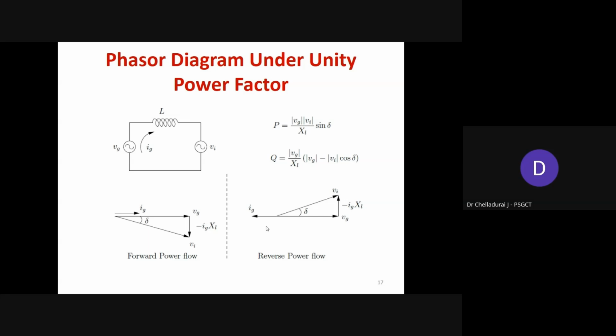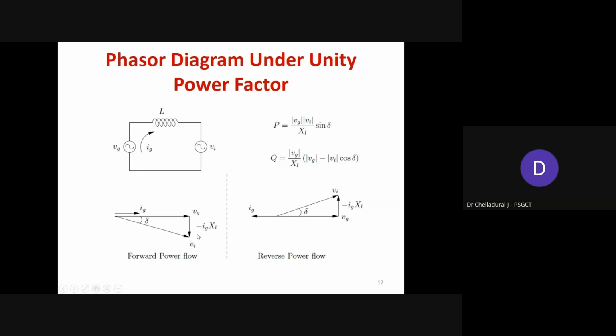Then further to understand this concept, suppose two sources are connected through an inductor. We can easily exchange the power from one source to the other simply by varying the voltage value. In this vector diagram, forward power flow can be easily achieved.